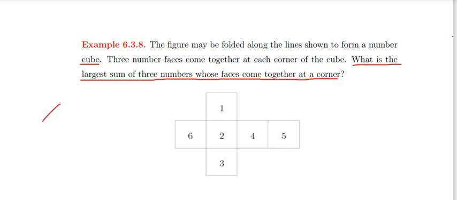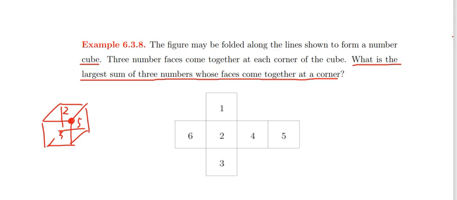So this is like if we have this cube, and at this corner three faces are related, like suppose there's 2, there's 3, there's 5. Then we say for this corner the sum is 2 plus 3 plus 5.